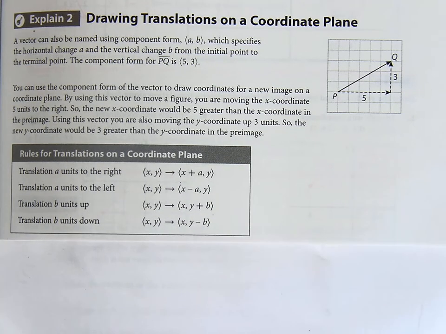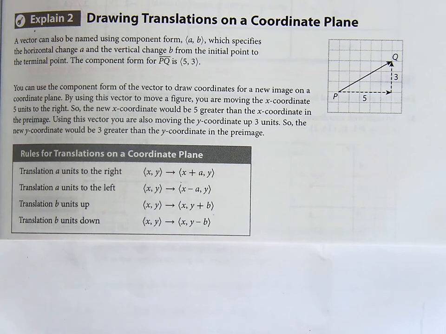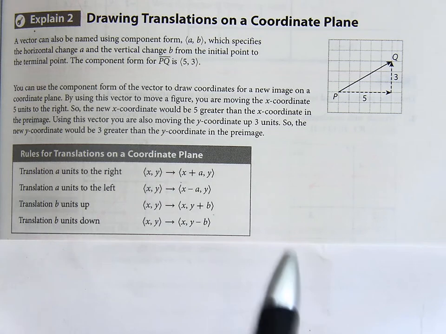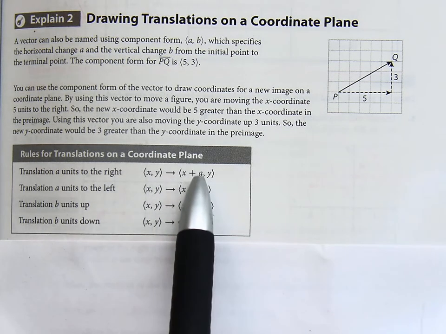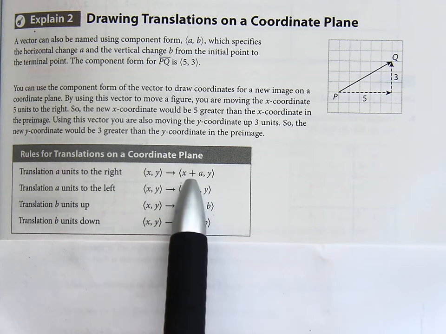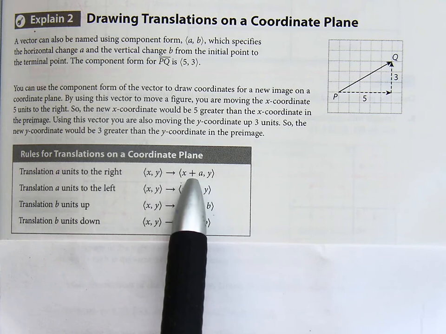This is something that is nice to put into your notes: the translation by a units to the right and how it's going to affect the ordered pair of your new image. If you move it to the right, you're adding that value to your x.